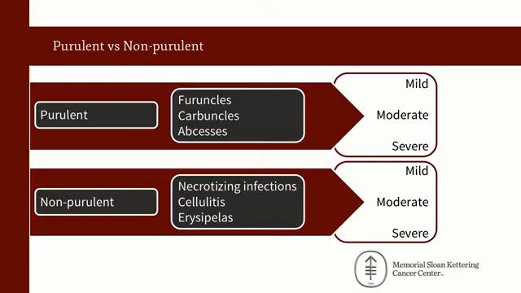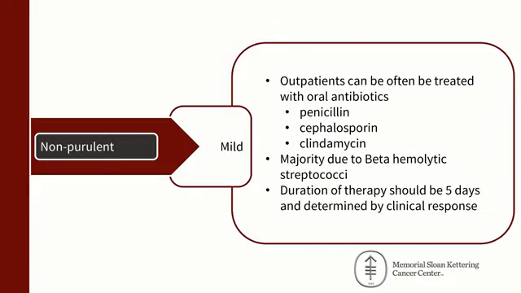Following the determination of purulent versus non-purulent, the clinician must categorize the infection as severe, moderate, or mild, with these designations dictating appropriate clinical therapy. Mild, non-purulent SSTIs, which are often encountered in the outpatient setting, can be treated with oral antibiotics.